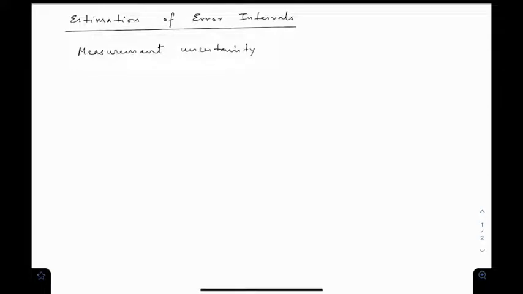A common term that is used in the field of statistics is confidence intervals. Now, it's not very clear how error or confidence intervals should be defined. And that is why statisticians have very different opinions on the subject.